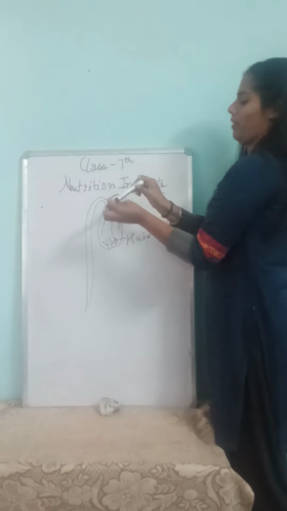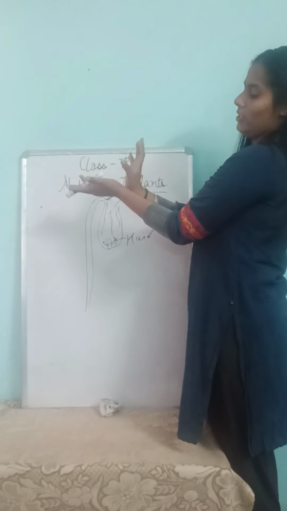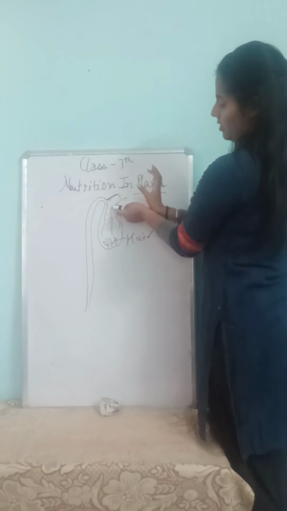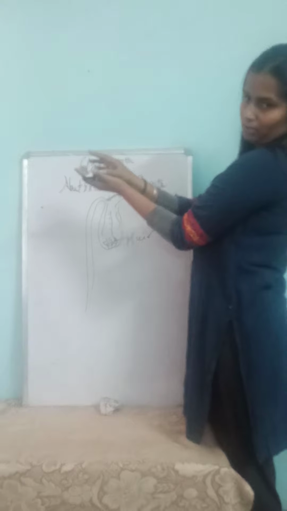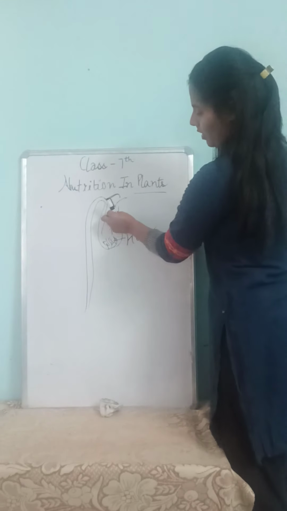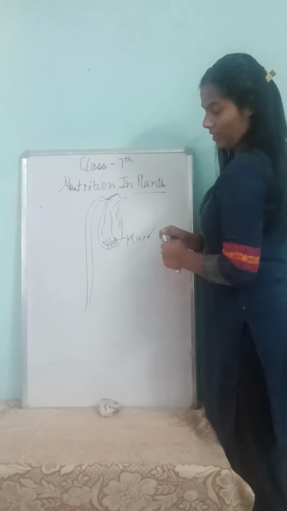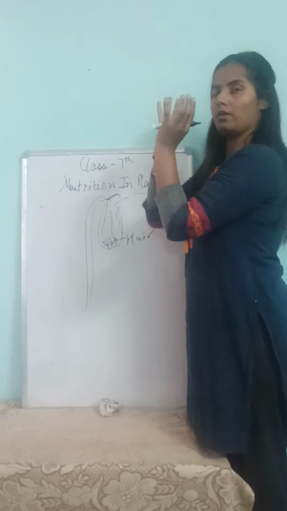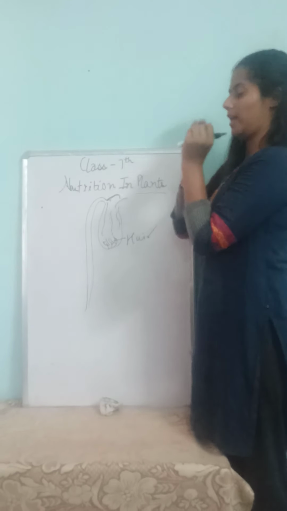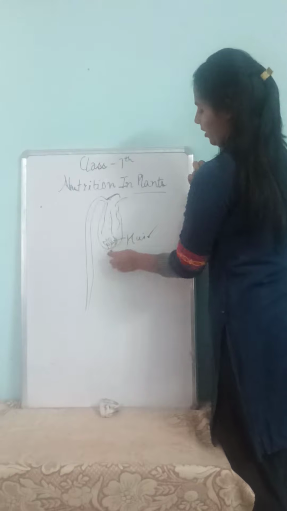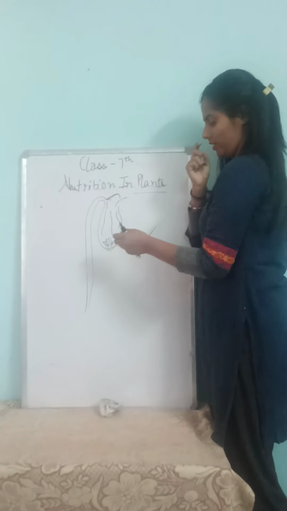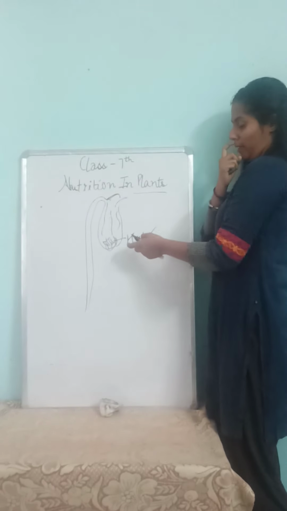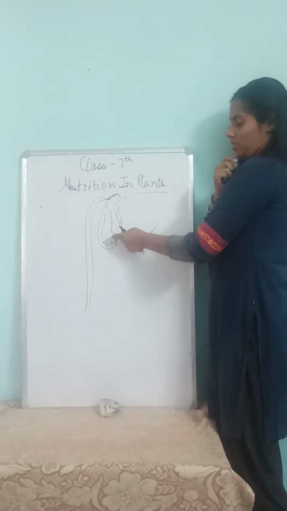For example, when an insect sits on this surface, it will trap the insect and then try to engulf it. The hair is able to capture the insect, and the insect reaches here.